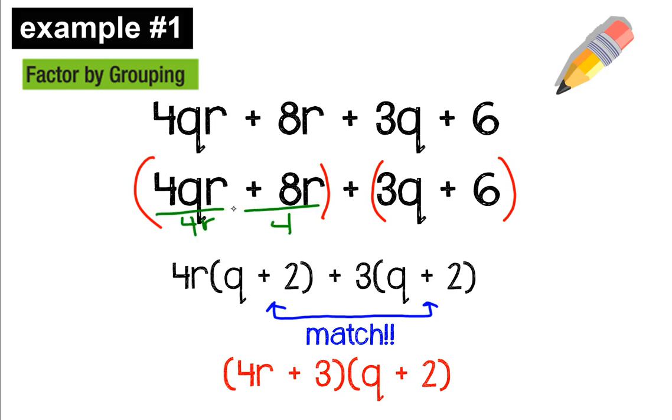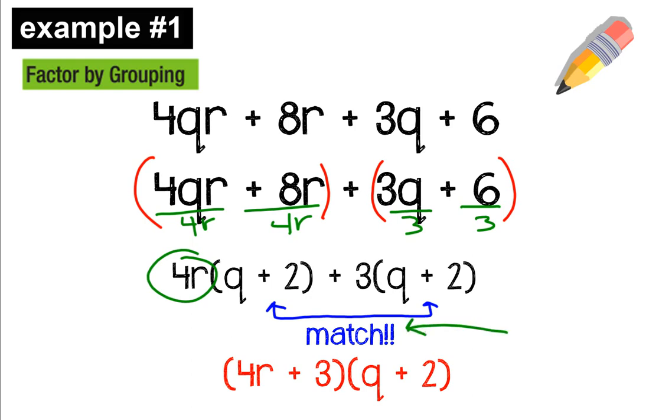I also factored out an R, so that gave me a 4R term. When I divided these values, the remainder was Q plus 2. In my second term, I factored out a GCF of 3. I wrote down my 3 here, and when I was done dividing, guess what my remainder was? Q plus 2. You see that?